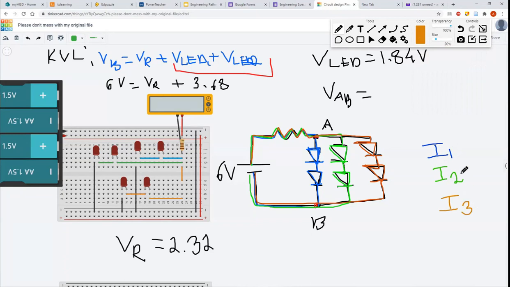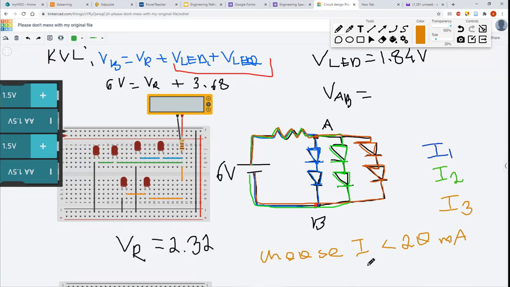Well, let me tell you some of the constraints. Your current must be less than 20 milliamps, and I will tell you why. Most LEDs will die if you put more than 20 milliamps through them. So your individual currents, the ones that actually go through the LEDs, had better be less than 20. So what is the other constraint? What if your current is so small your LEDs won't light up? If you have 2 milliamps, it's probably going to light up.